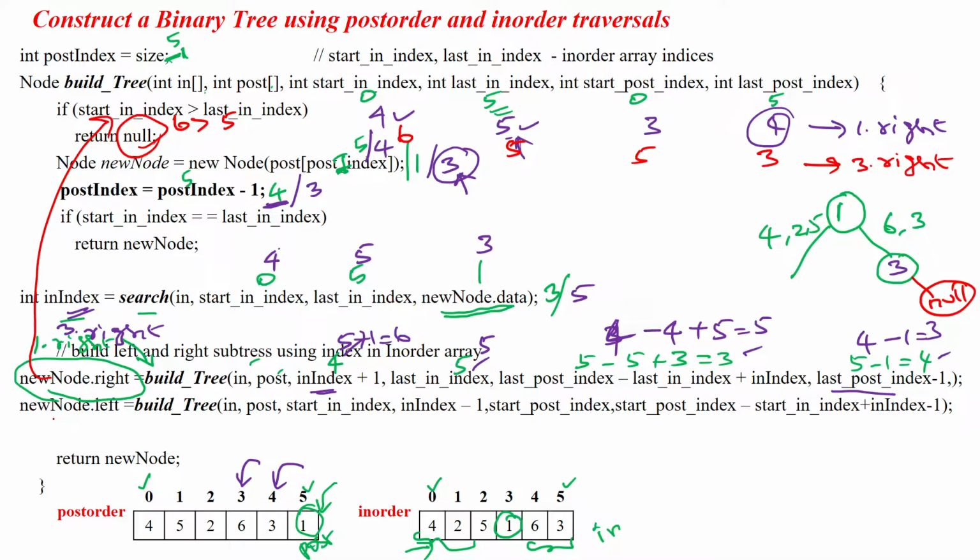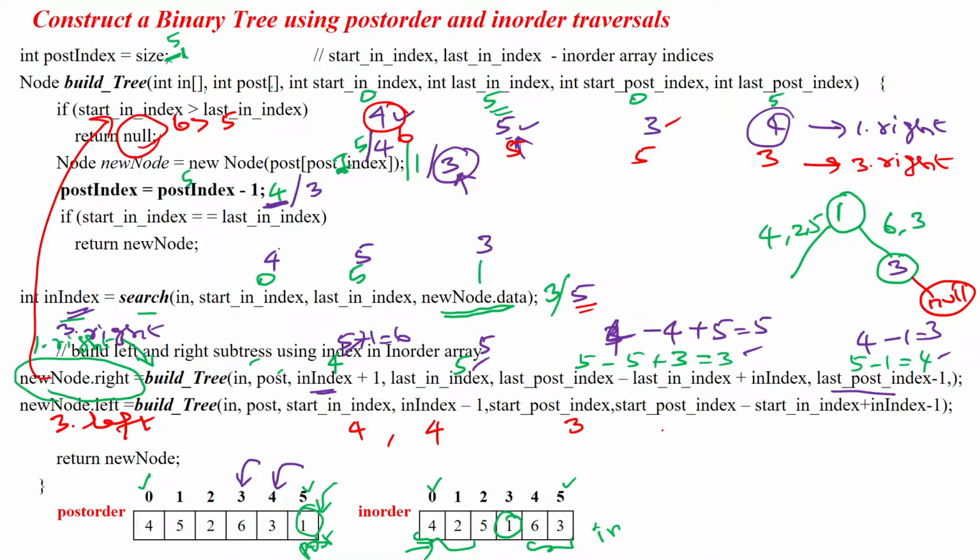So for that, next line, 3 dot left we have to pass. Here we have to check the starting in index. This is 4, so 4 is the starting in index, and in index minus 1, that is 5 minus 1 is 4, right? Then start post order index is here 3.